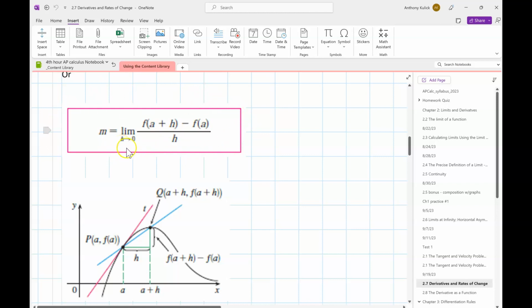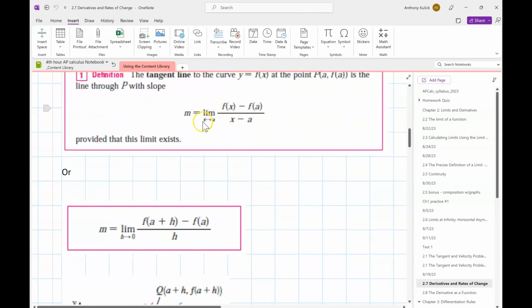The reason we tend to prefer this representation over the other one is because here the a could be any number, right? But with this representation, the limit is always h going to 0. Every time you write a tangent line, it's always going to be the same kind of limit, h going to 0, as opposed to the other one where the a will be different in each case.